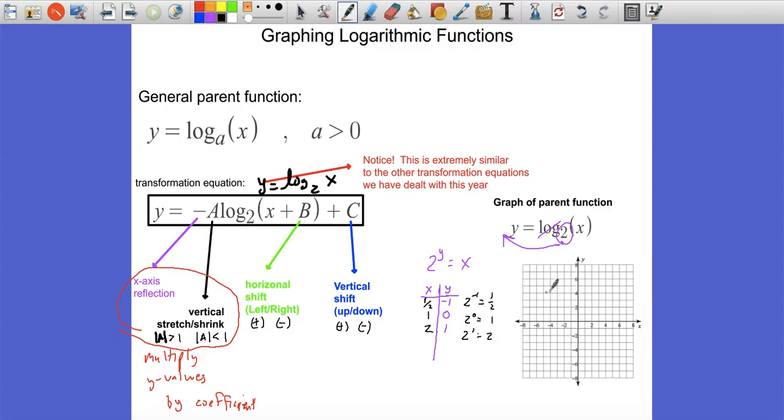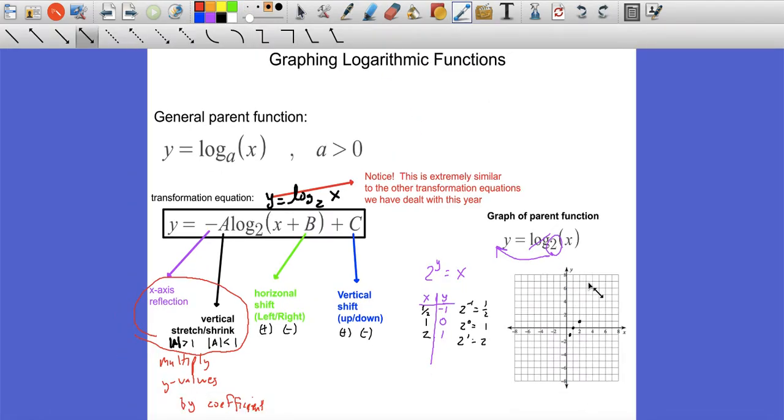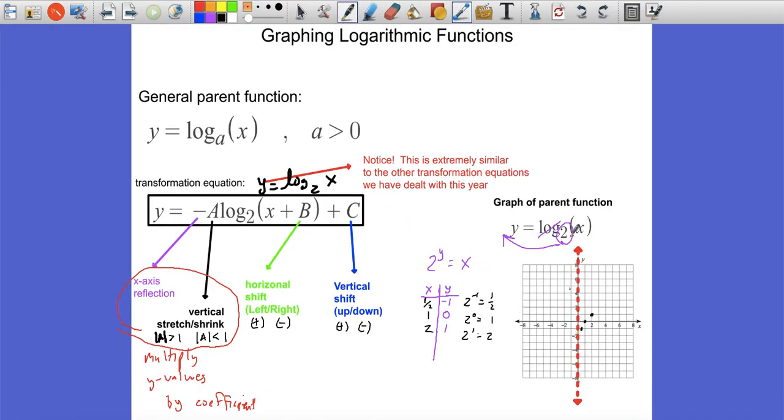So I plot these points. 1/2, negative 1, right about there. I've got 1, 0, right about there. And then 2, 1, right about there. And then remember how our exponential functions had an asymptote. These have an asymptote as well, but rather than a horizontal asymptote, they have a vertical asymptote at x equals 0. Again, this makes them the inverse of our exponential function.